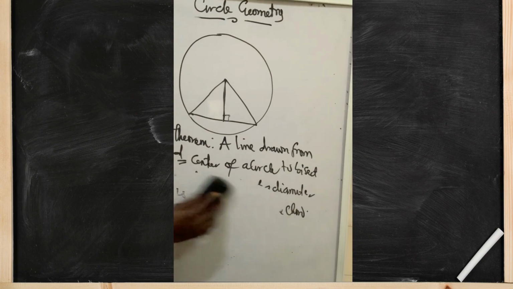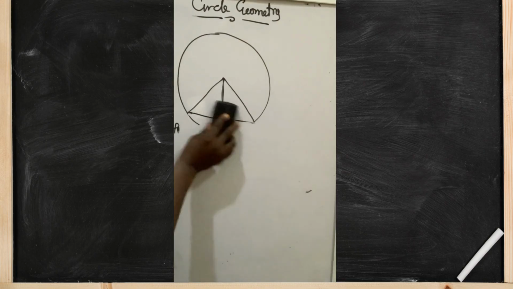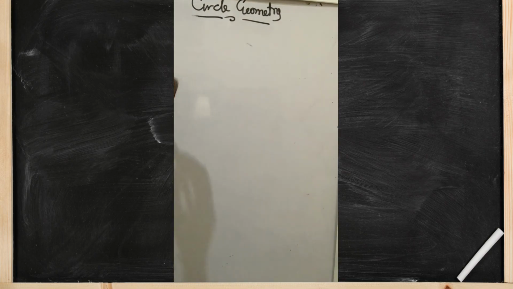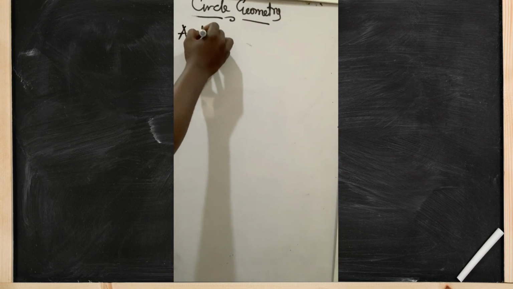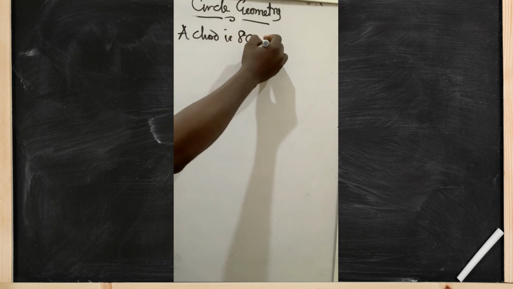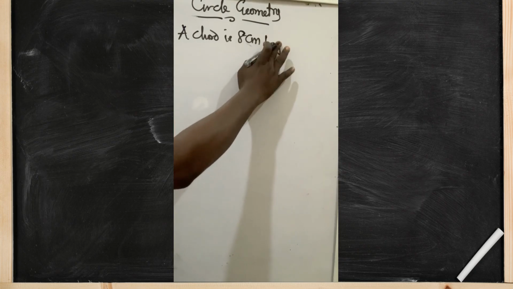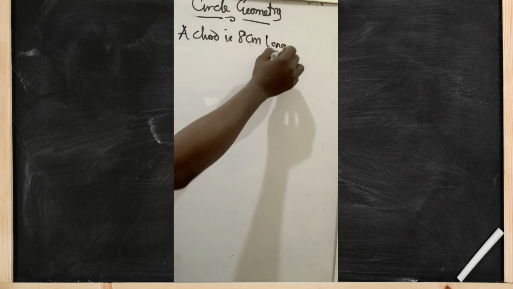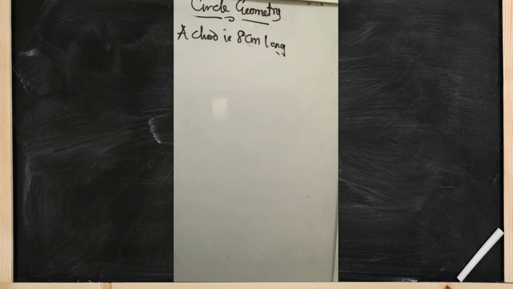Now, I'm having this question that says a chord is 8 centimeter long. Calculate the distance of the chord from the center of the circle of radius 5 centimeter.